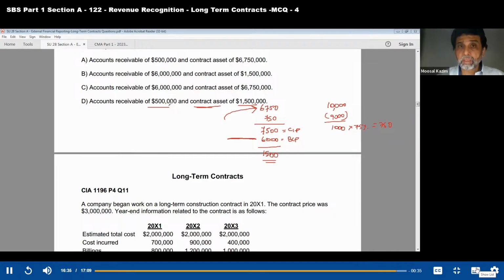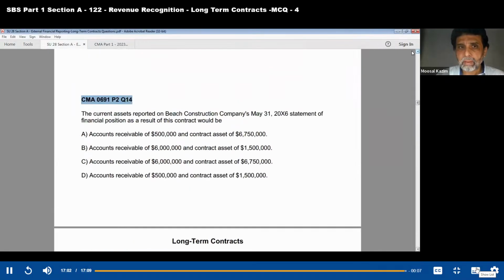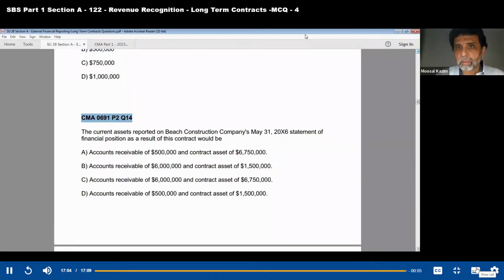So this question was just to give you familiarity of not only calculating the gross profit or revenue on an overtime basis, but also to get the balance sheet figures as well, which is the contract assets and contract liabilities. So with that, we have concluded discussions on accounting for long-term contracts. We'll go on to the next topic of revenue recognition in the next video.